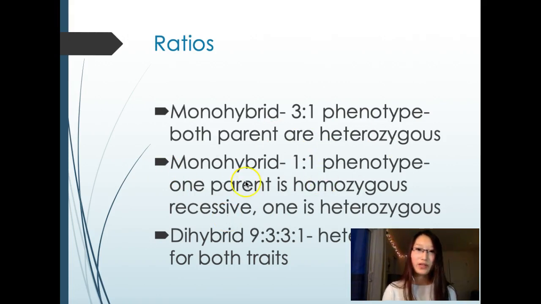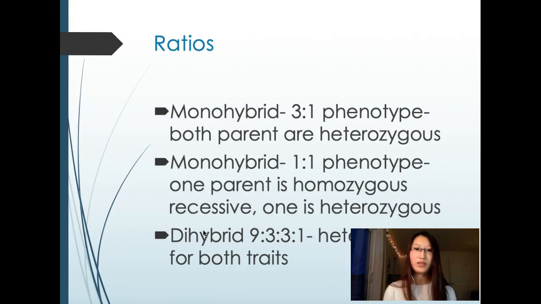Another one is whenever you're doing a test cross with a heterozygous and a homozygous recessive, the one that you just did, big R, little r crossing with little r, little r, you're going to have a 1-to-1 phenotype ratio. Half of the offspring are going to have the dominant trait, half the offspring are going to have the recessive trait.